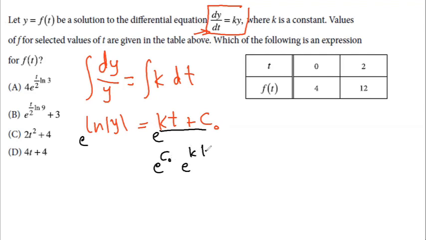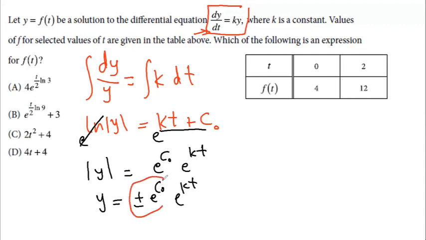We all know it will look like this. The whole point of exponentiating is that e and ln cancel each other, and you're left with y here. And then with a bit more work, you could say that y is positive or negative e power c naught, e power kt, and then replace this entire thing with another constant, since it's a constant at the end of the day.